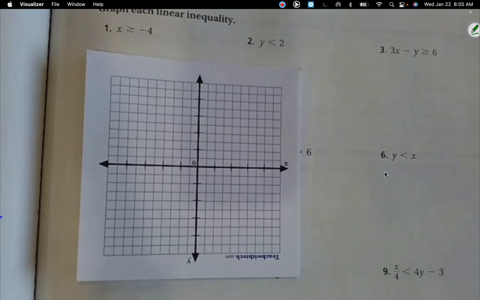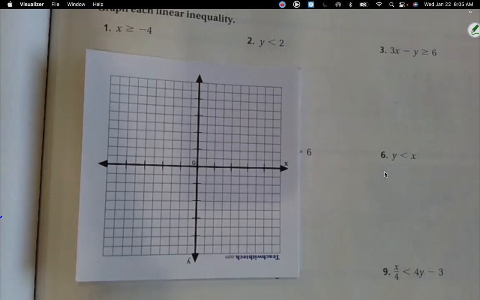All right, so number 1, it says x is greater than or equal to -4. So is this going to be a horizontal line or a vertical line? Vertical. Say you forget and you don't know, I'm just going to read what it says. I'm going to go to -4 on my x-axis and draw a mark through it.